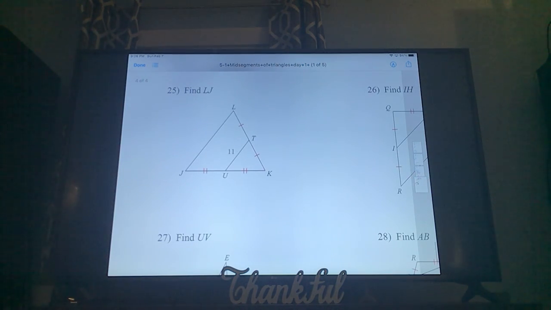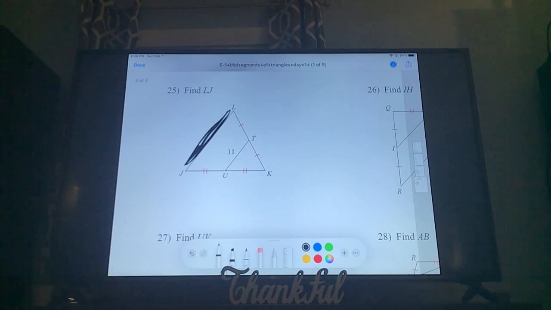Next, LJ. That's what we're finding, so you're doubling it. You could even say 11 plus 11. What's 11 plus 11? Because we know TW, LJ is going to be 22.